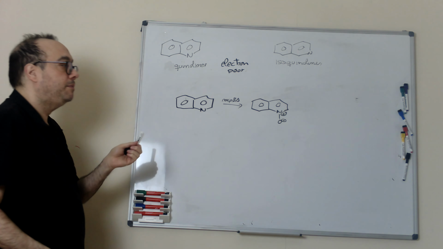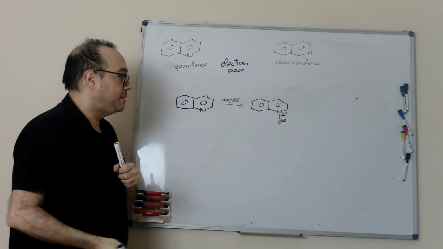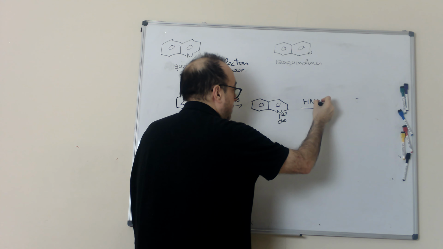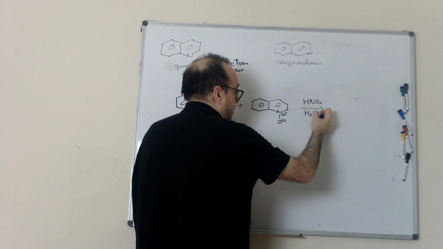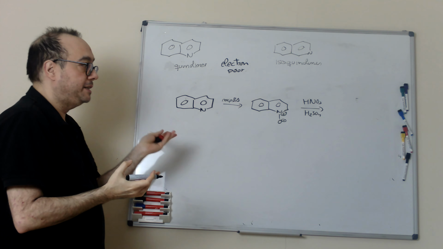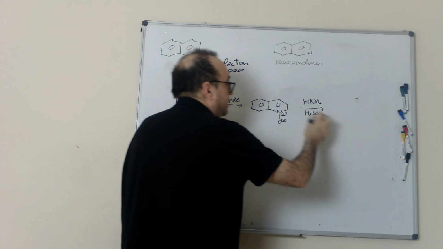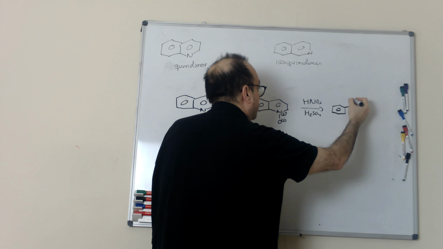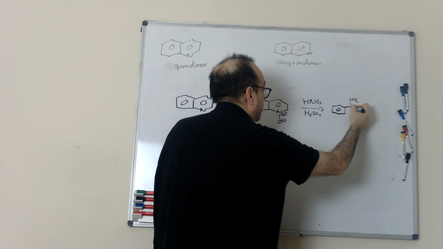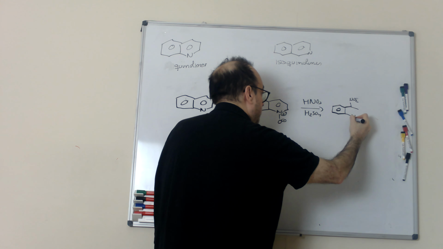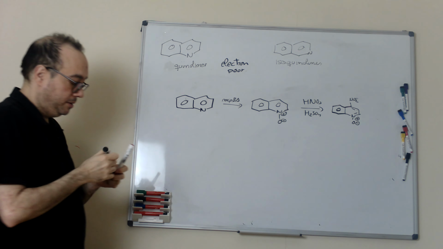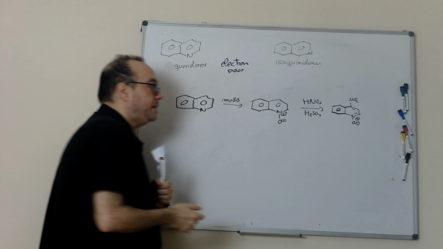Once we have the pyridine N-oxide, if we do an electrophilic aromatic substitution, as an example the nitration, we will have the nitration in the same way as the pyridine.